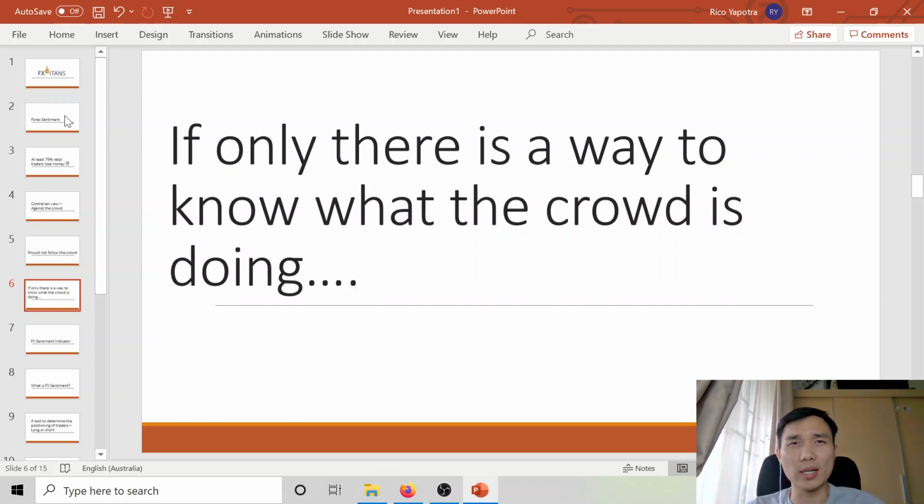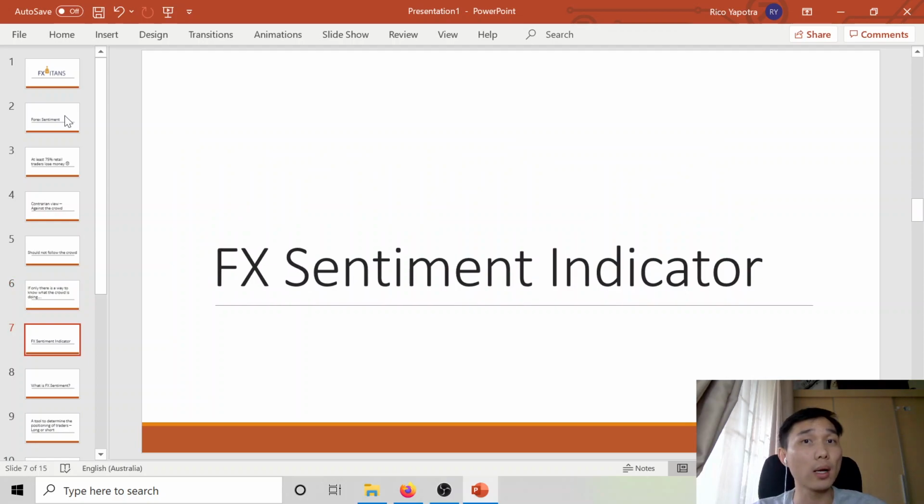Of course, you're going to start asking, if only there was a way to know what the crowd is doing right now. The good news is there is a way to know what other traders are doing. It's called a forex sentiment indicator. You can just search on the internet; there are so many of them.